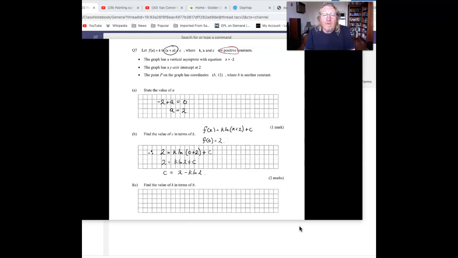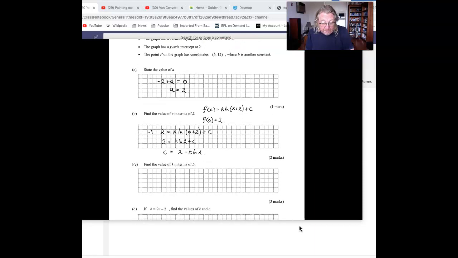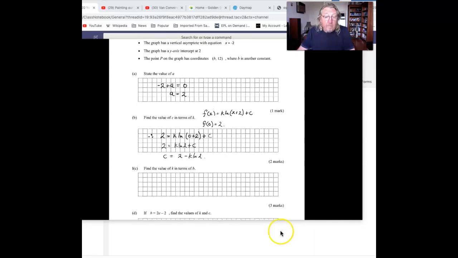Okay, find the value of k in terms of b. Well, where does b appear in this whole thing? Well, it's up here. So we're going to have to use that information to get b into things. And we'll use our function over here again.